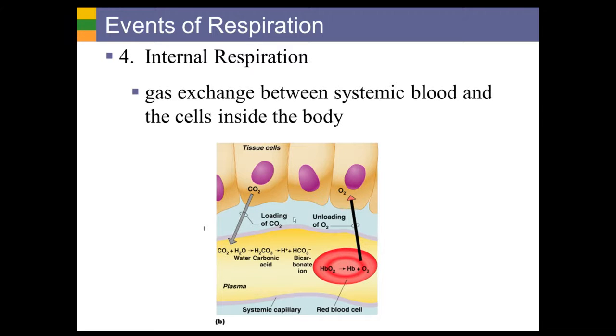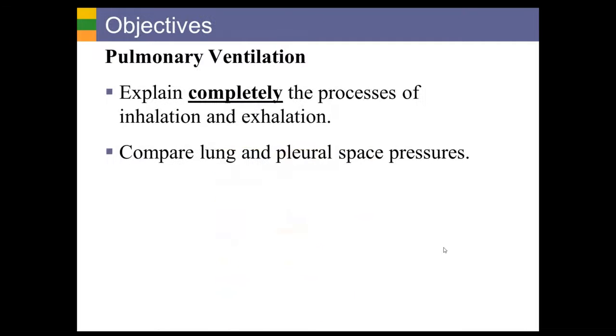In internal respiration, we have oxygen unloaded to the tissues of the body, and we have carbon dioxide loaded to the blood. This is called internal respiration because this is gas exchange that is occurring inside the body between the blood of the systemic capillaries and our tissues. Okay, so those are the 4 events of respiration outlined.